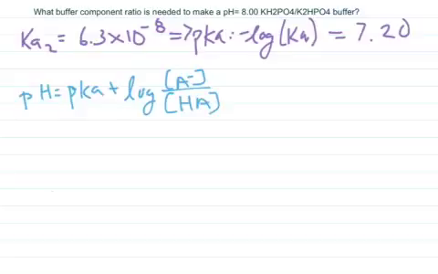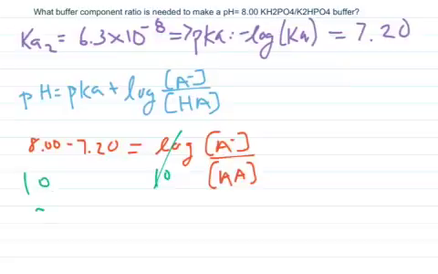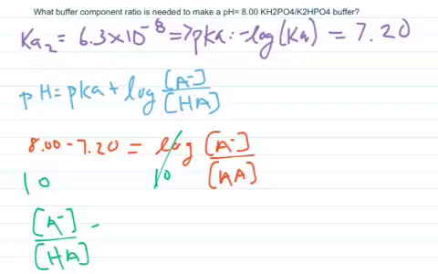I am looking to find the ratio, so I'm going to subtract the pKa from the pH. So I have a pH of 8.0 minus 7.20 equals the log of the base over the acid. I'm going to take the 10 to the power to get rid of the log, and I get my ratio to be 6.3.